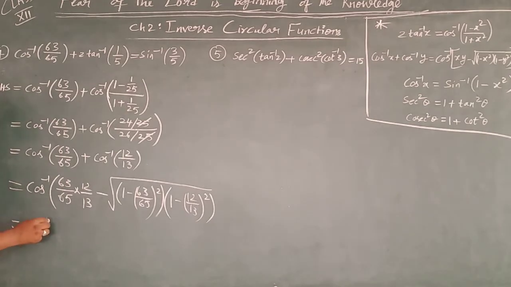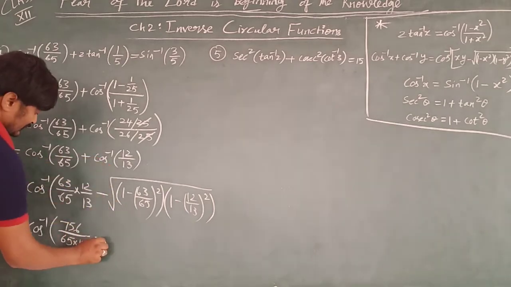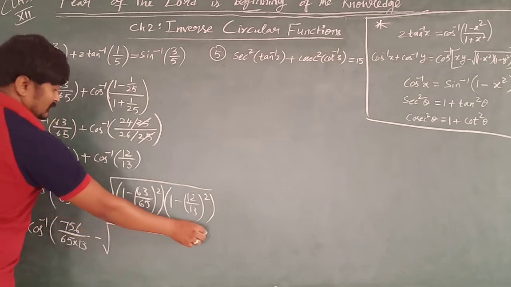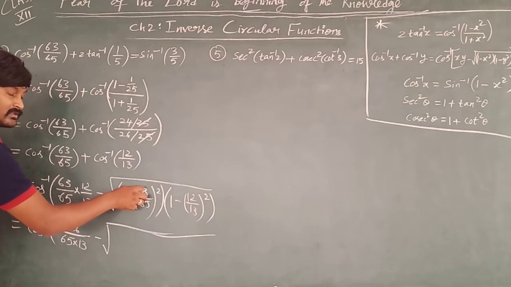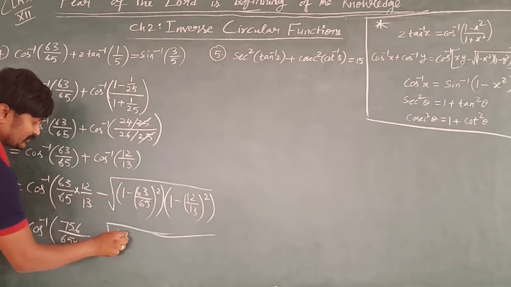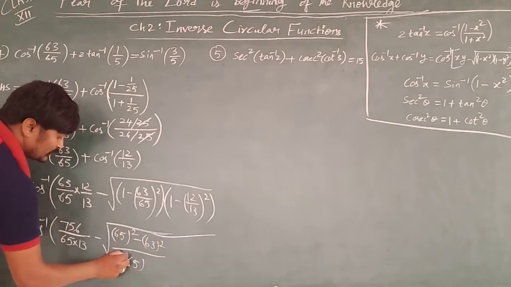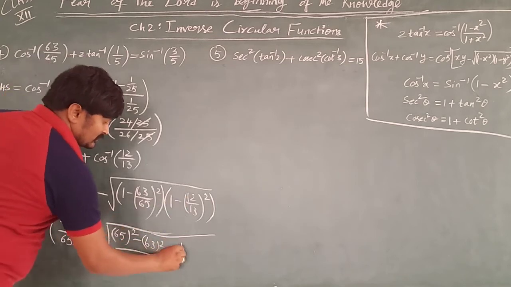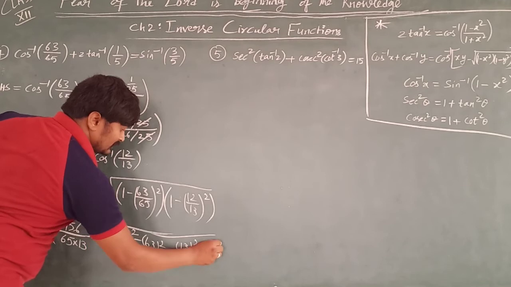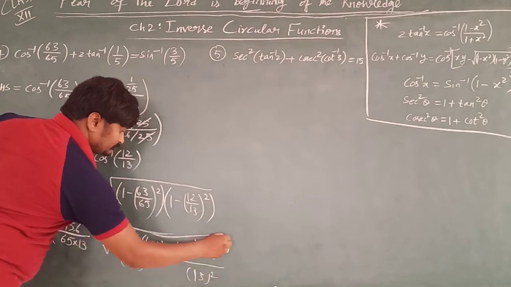So cos inverse 63 into 12, you are going to get 756. So you can write this as 756. There is no need to simplify it as it is, 65 into 13, because here also you are going to get minus square root of 65 square minus 63 whole square upon 65 whole square into 13 square minus 12 square upon 13 square.